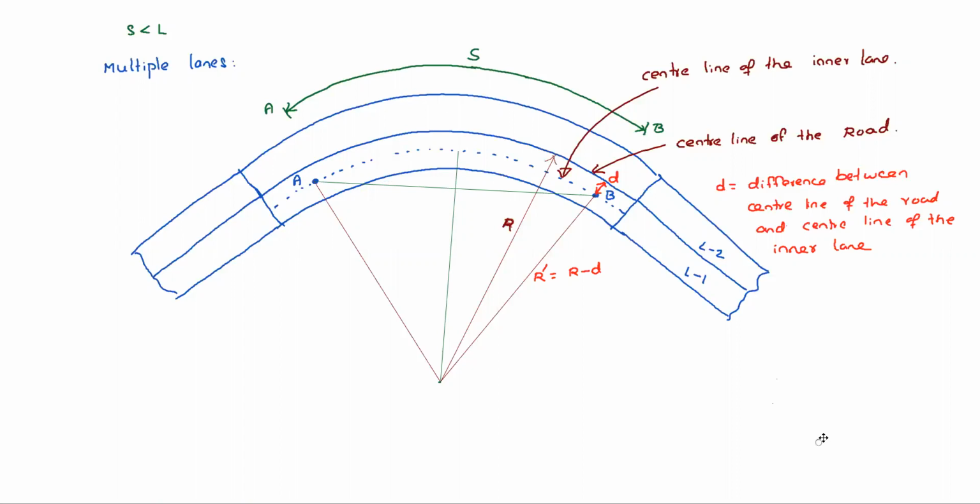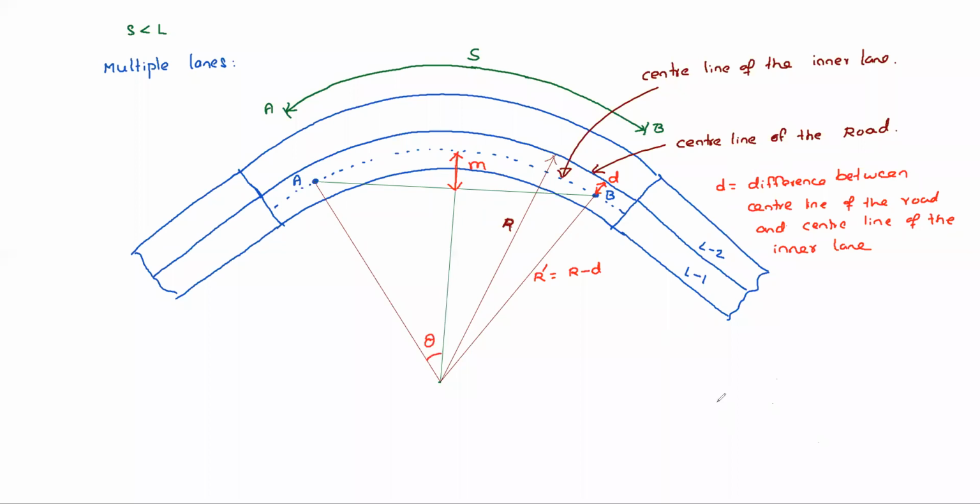So now the setback distance is this one, M. Let us assume this is theta.